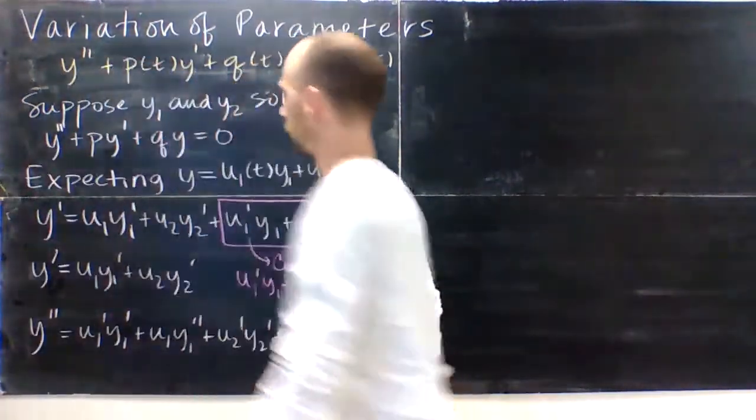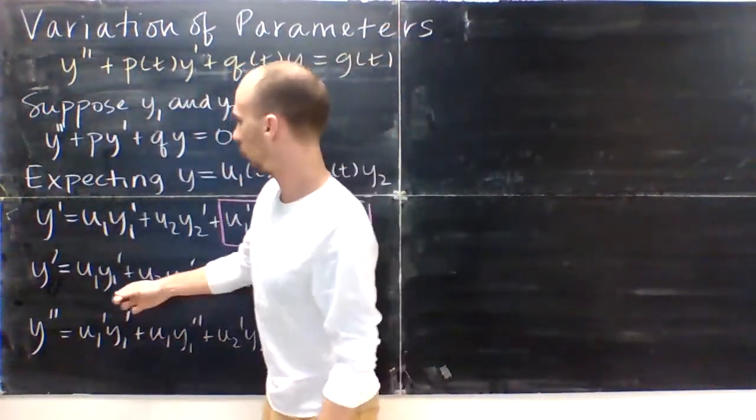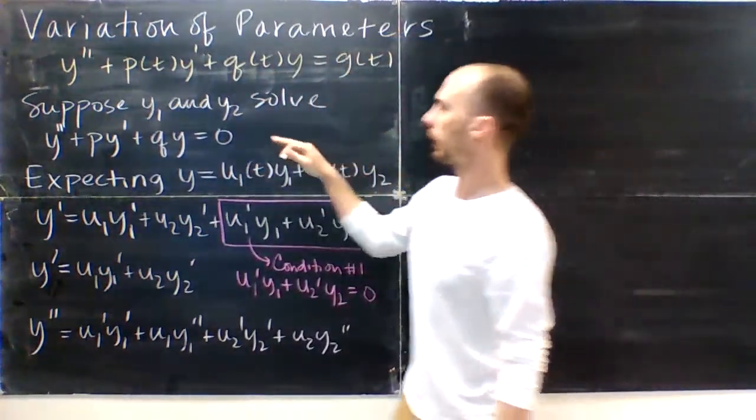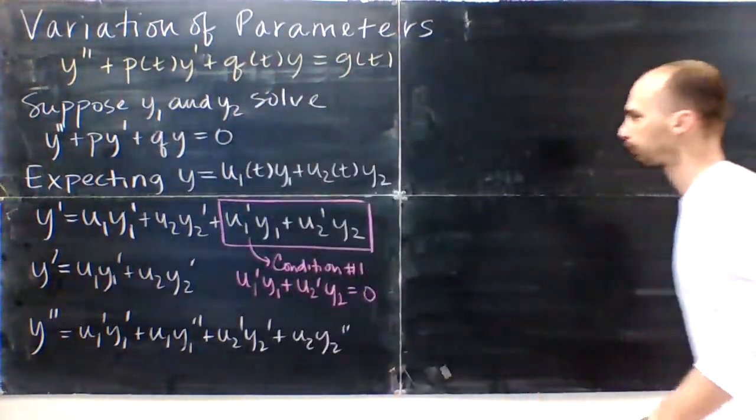And then I take this y double prime, this y prime, and that y, and I put them back into the original equation.